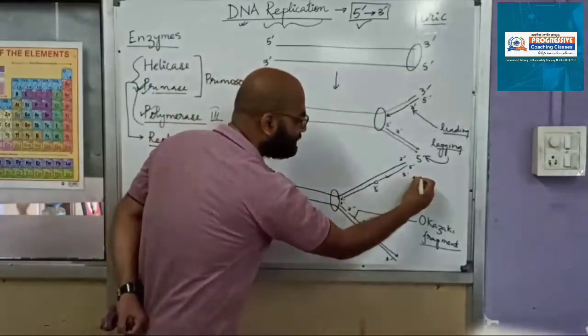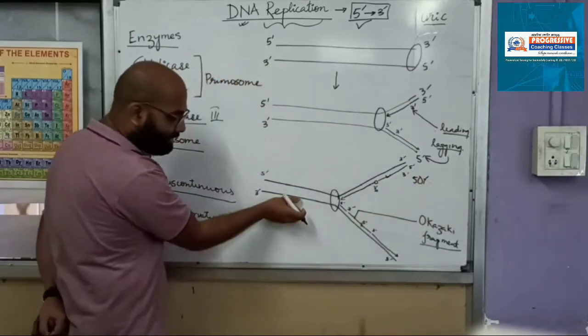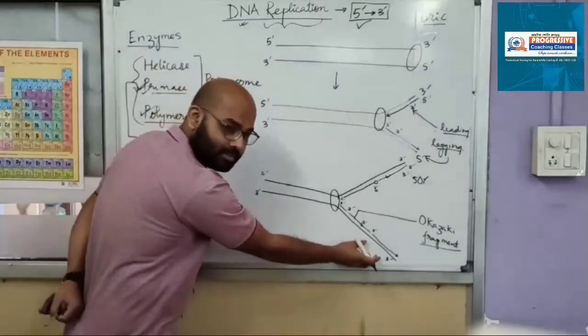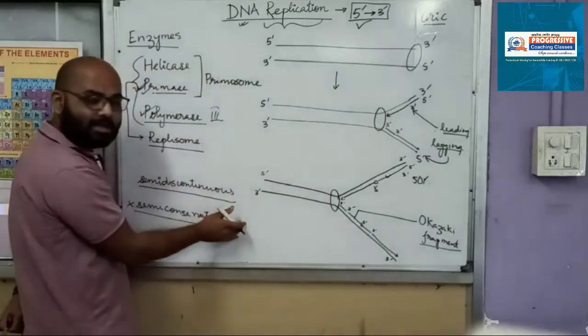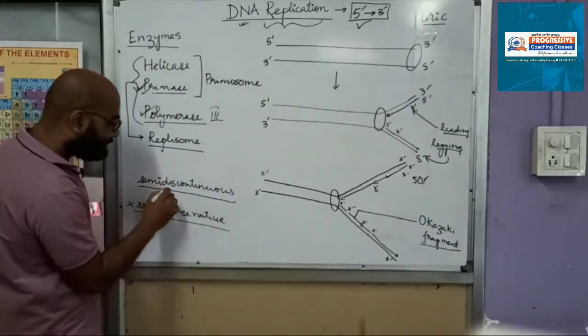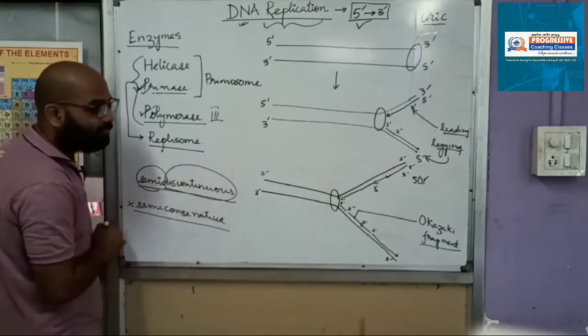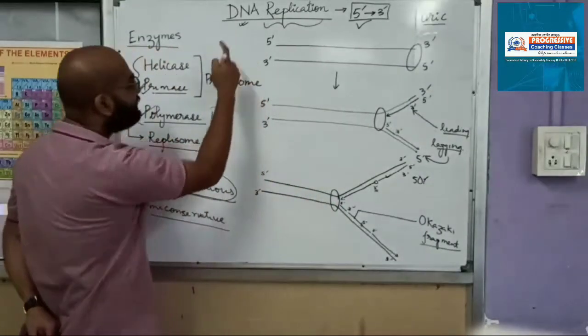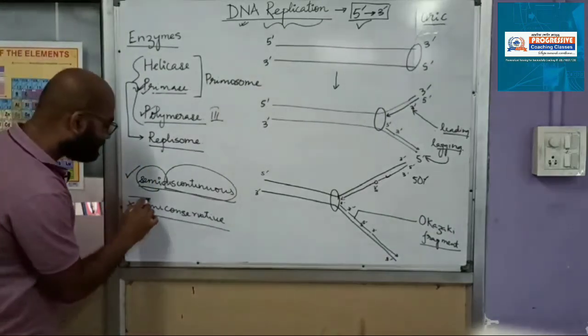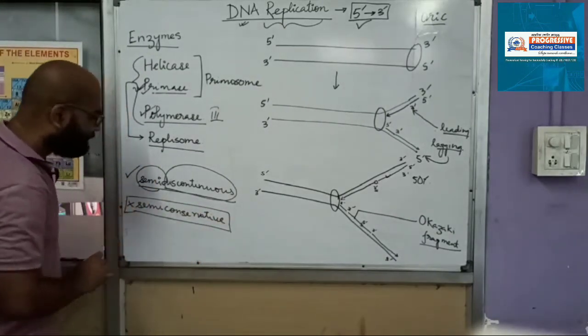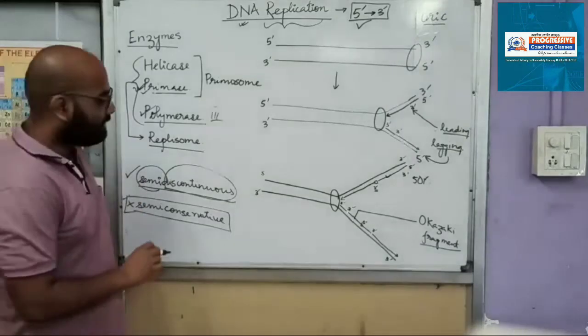So it is 50% continuous. For the other strand, it is not continuous. It breaks into fragments every time the helicase opens the parent DNA. That is why discontinuous is 50%. That is why DNA replication is called a semi-discontinuous process. But what is semi-conservative? It's a long experiment, but we are going to discuss it in the next video.